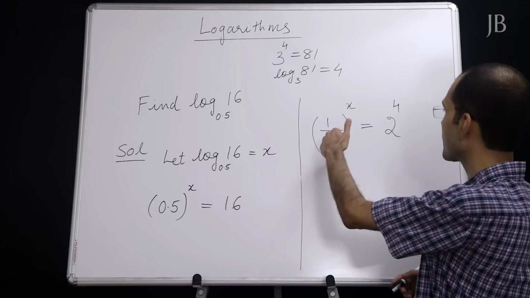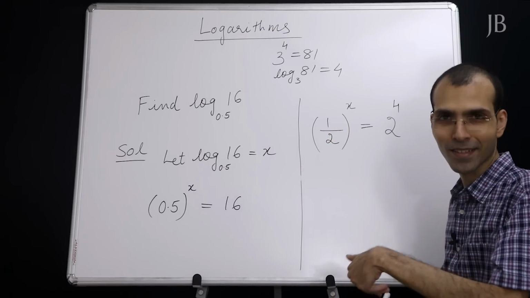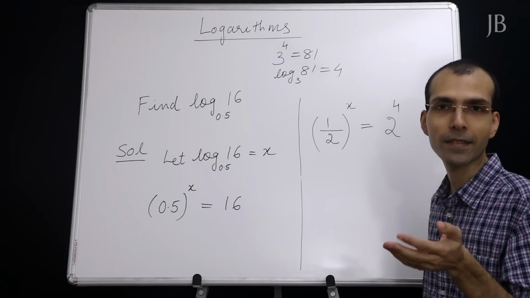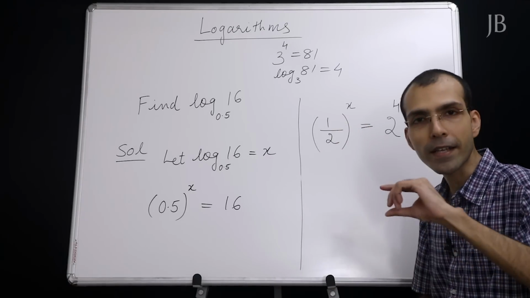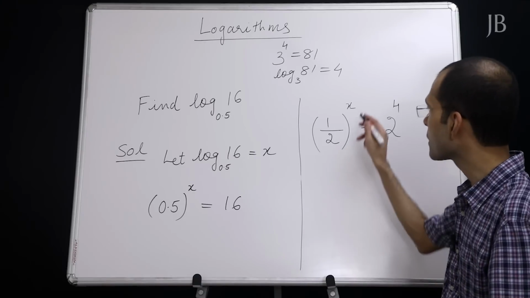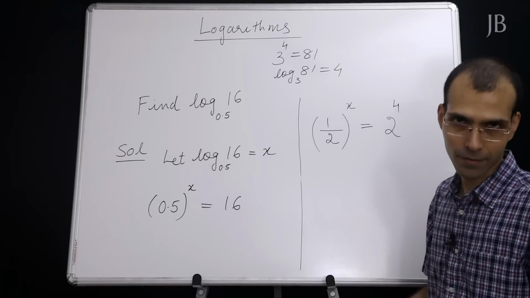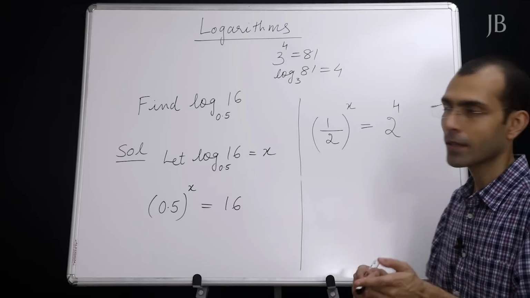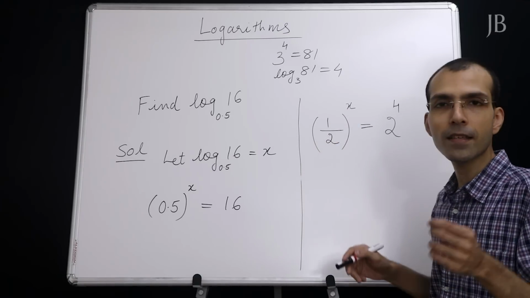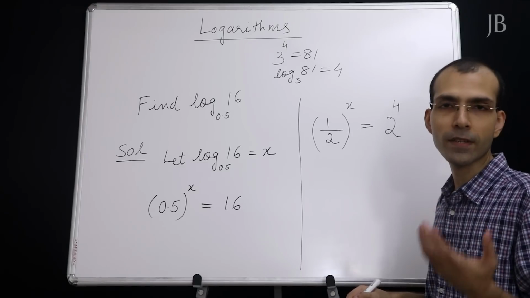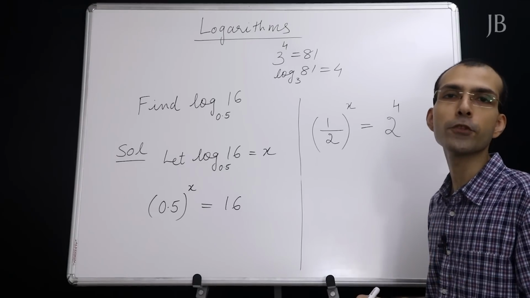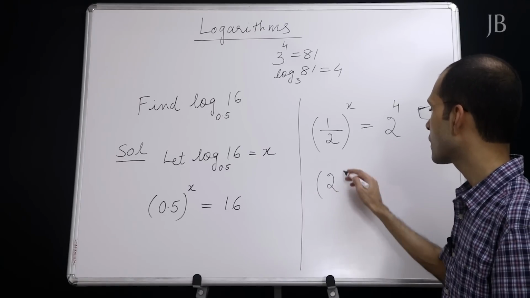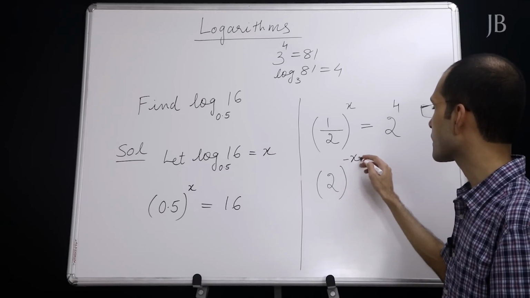So this half can be written as 1 upon 2, and when we take the reciprocal of the base, you remember the laws of indices: when the base is reciprocaled, the power will change the sign. If it is positive, it will become negative and vice versa. Reciprocal is interchange of numerator and denominator. So now this would be 2 raised to minus x.